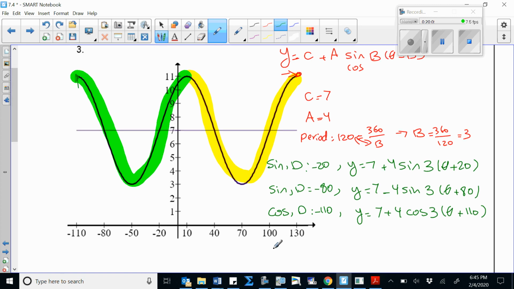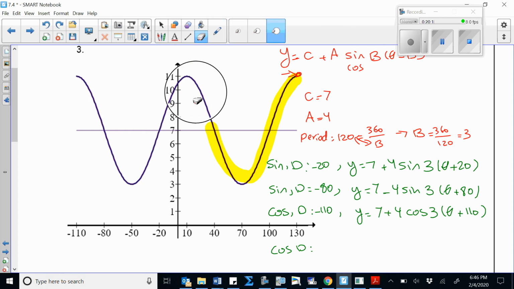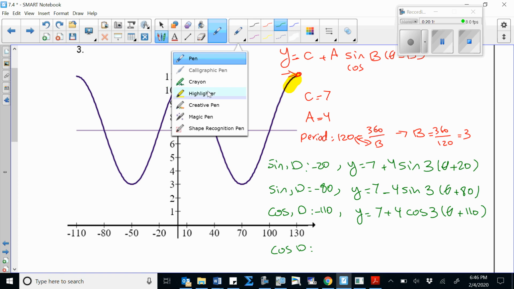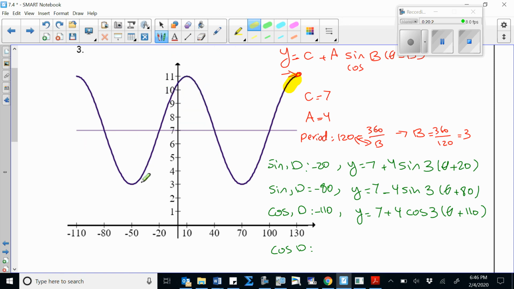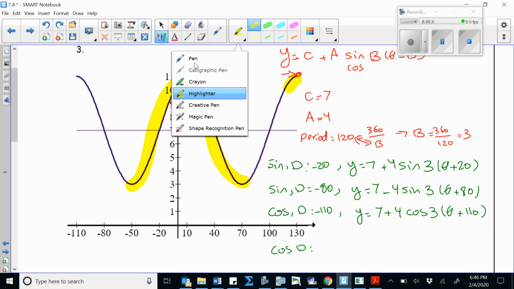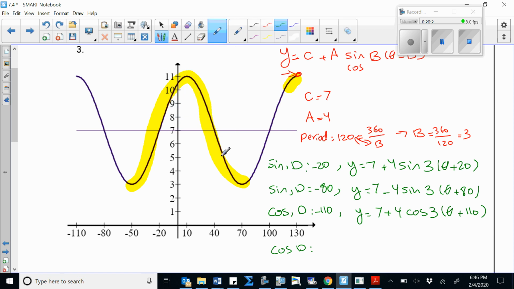Next one, I'm going to write a negative cosine function. So I need to look for an upside down cosine, which is this one. This is an upside down cosine graph. Starts from negative 50.